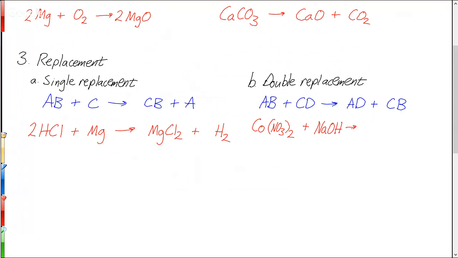Cobalt is +2, nitrate or hydroxide is -1. So we have to balance that properly. So the product between cobalt and hydroxide is Co(OH)2, and the product between sodium and nitrate is NaNO3. Then we have to balance the equation.